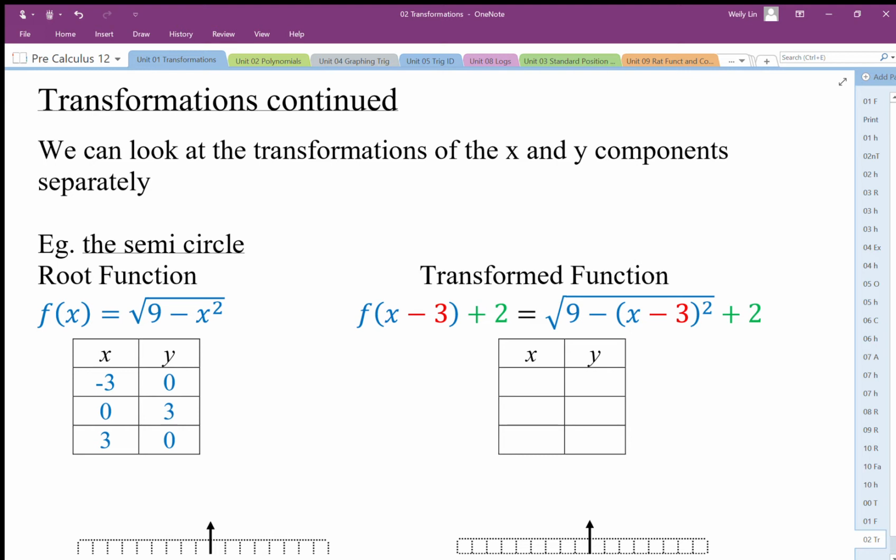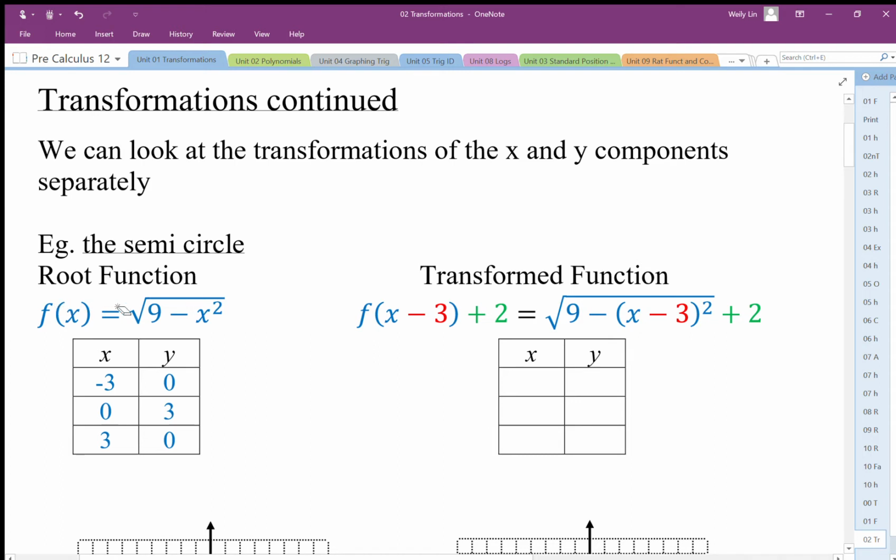So once we have defined the functions and reference points, okay, this is our function, and the table represents the reference points. All the transformations actually work in the same way. It doesn't matter if it's a square root function or a quadratic. The transformations are going to work the same way, regardless of the type of function it is.